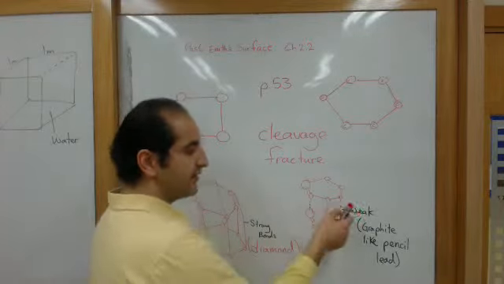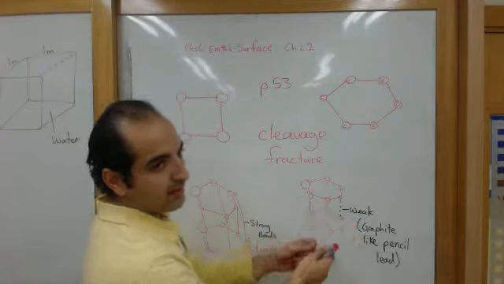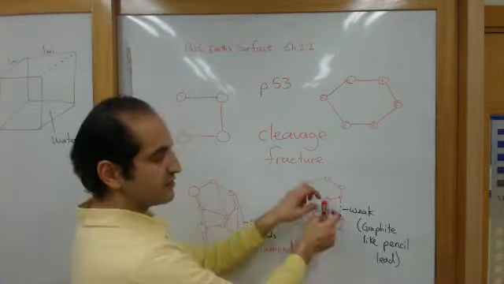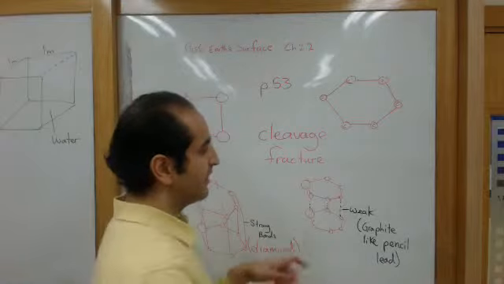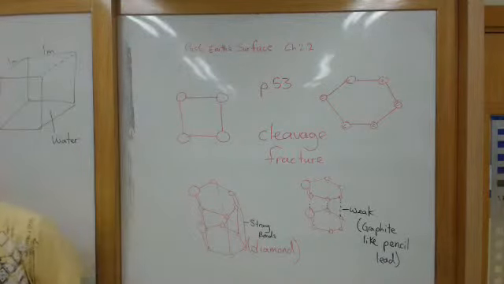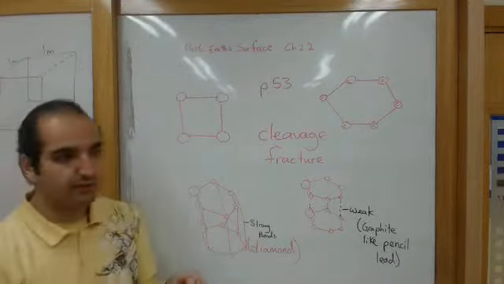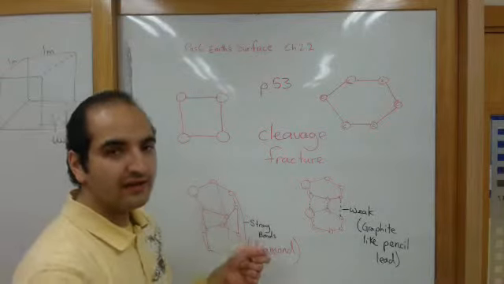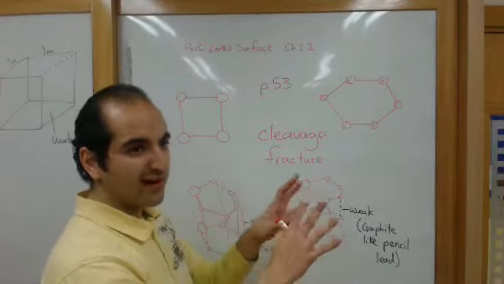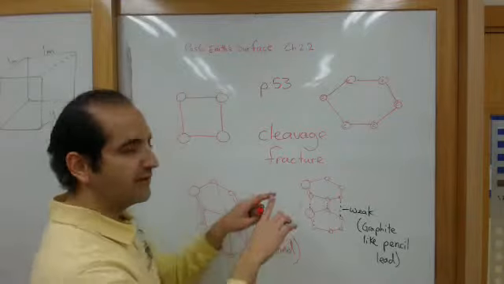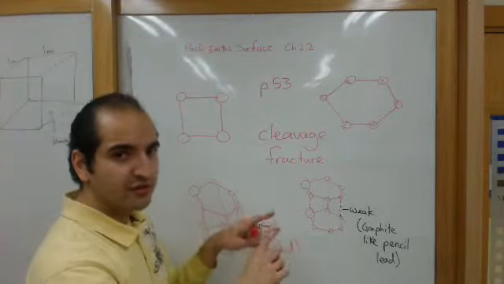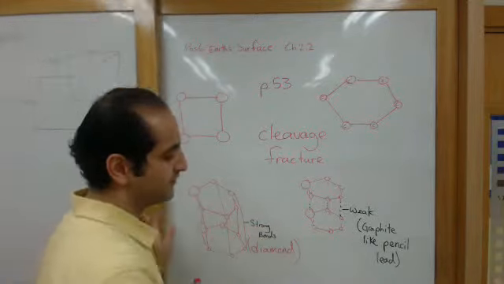Right here it's very weak, so here it's easy to break. A mineral can break in that direction easily, right? And a fracture is when it can break into pieces that are not very perfect, irregular pieces. They're not perfect sizes or perfect shapes. That is a fracture.